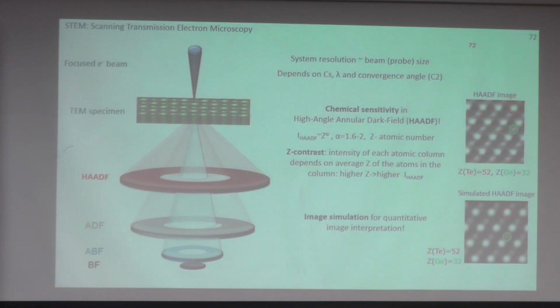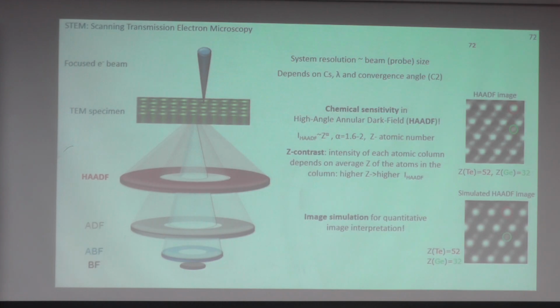There is another method, so-called scanning transmission electron microscopy. Here, instead of using a parallel electron beam, we use a focused electron beam, similar to the scanning electron microscope. Here you can scan across the sample.